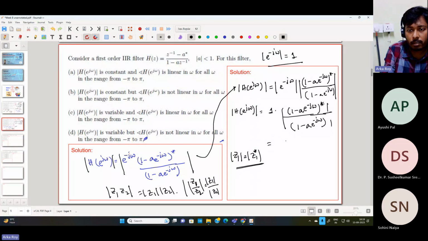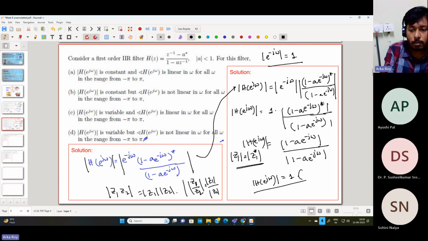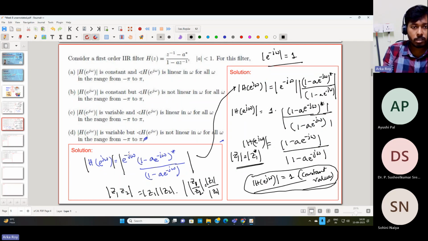So I can write it as 1 minus a e to the power minus j omega divided by 1 minus a e to the power minus j omega. So I can see that the mod of H(e^{j omega}) is equal to 1. It has become a constant value. Therefore, the magnitude spectrum is a constant value.